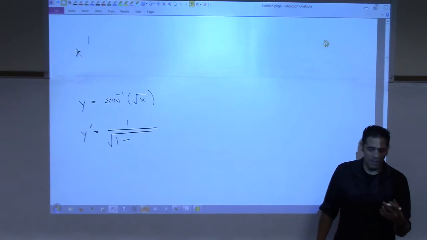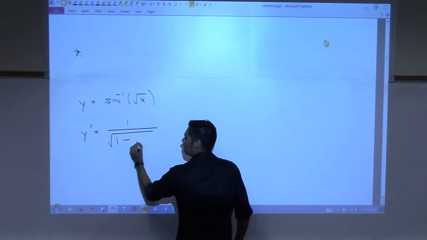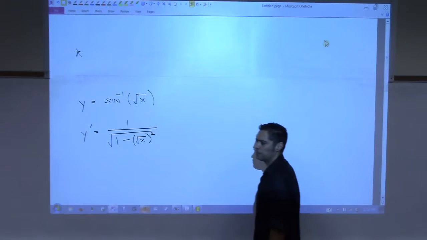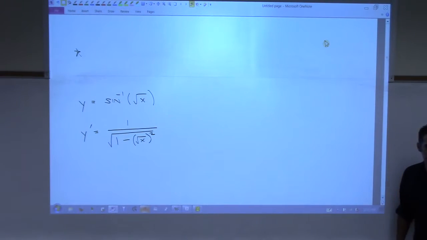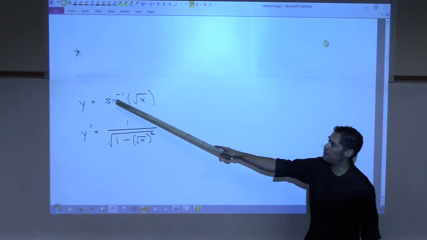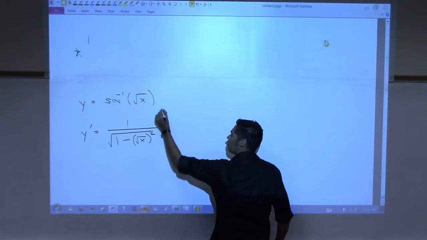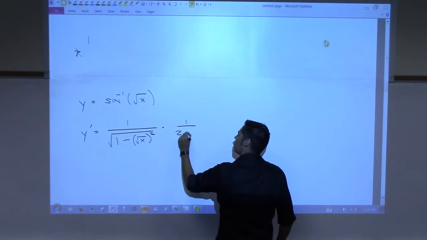Do you see what I'm saying? So what's going in here is root x squared, times, now that's the derivative of arc sine of something, now you go inside and you say times the derivative of root x, which is 1 over 2 root x.